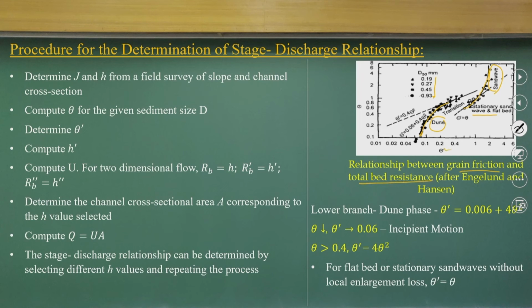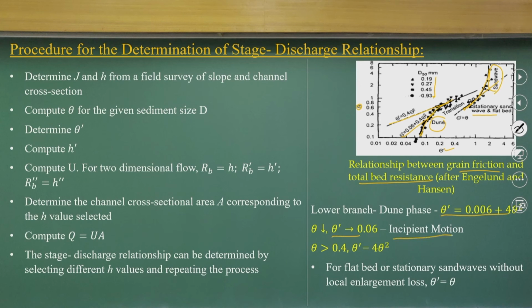So theta dash is the grain friction and theta is the total bed resistance. He approximated the data with different linear fits, and that is the reason he has put in different equations.